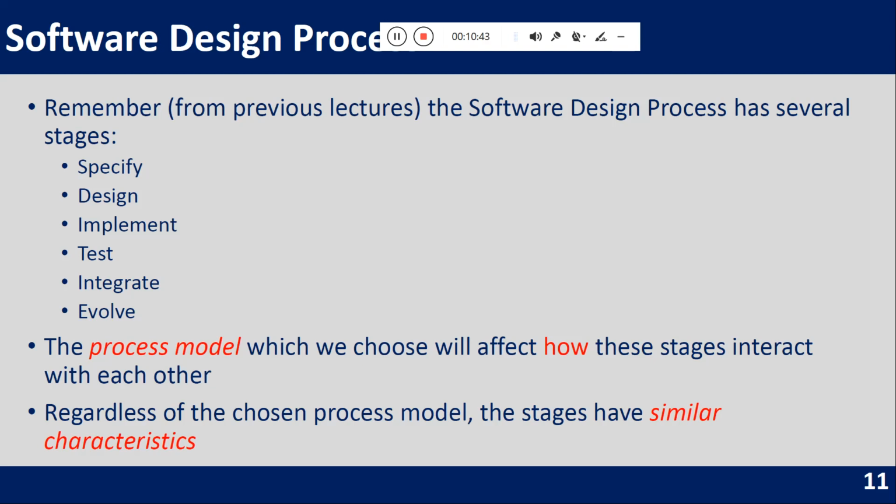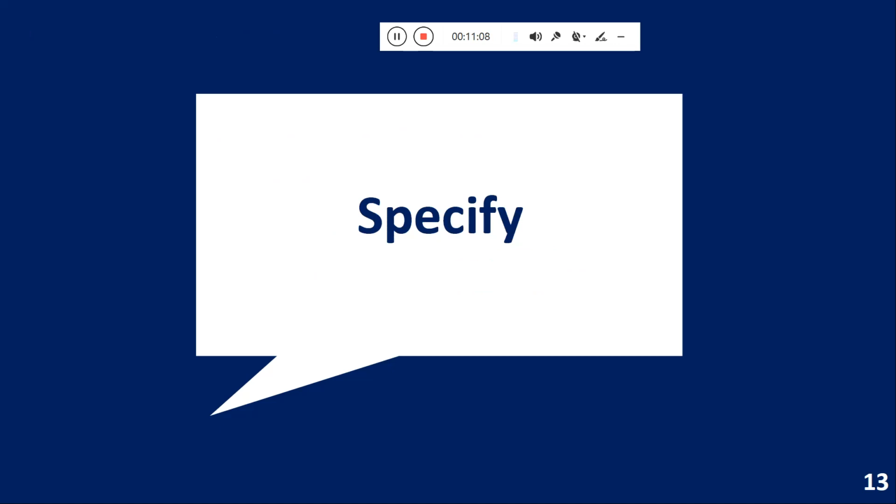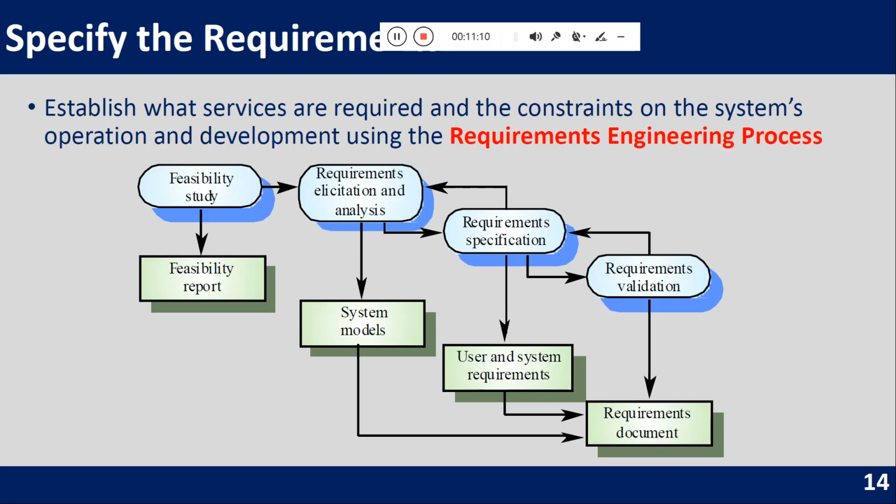The process model which we choose will affect how the stages interact with each other. Regardless of the process model, the stages have similar characteristics. Last lecture we talked about the specification being the most critical phase of the software engineering project.